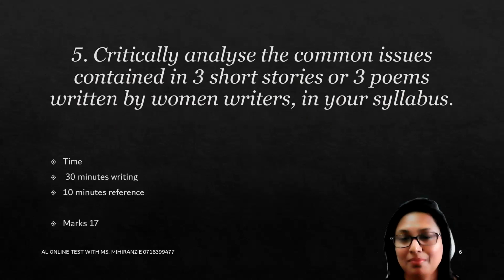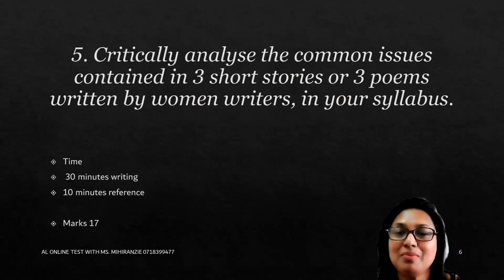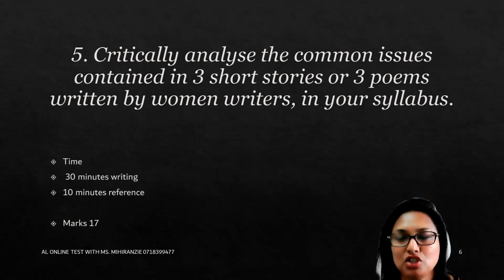Again, I'm paying attention to women, right? So 3 women writers, you're going to select 3 short stories or 3 poems. Again, you have got a wider choice there. Pay attention to common issues. Okay, so write the question and then start the answer. Same as before, 10 minutes reference and 30 minutes writing time.